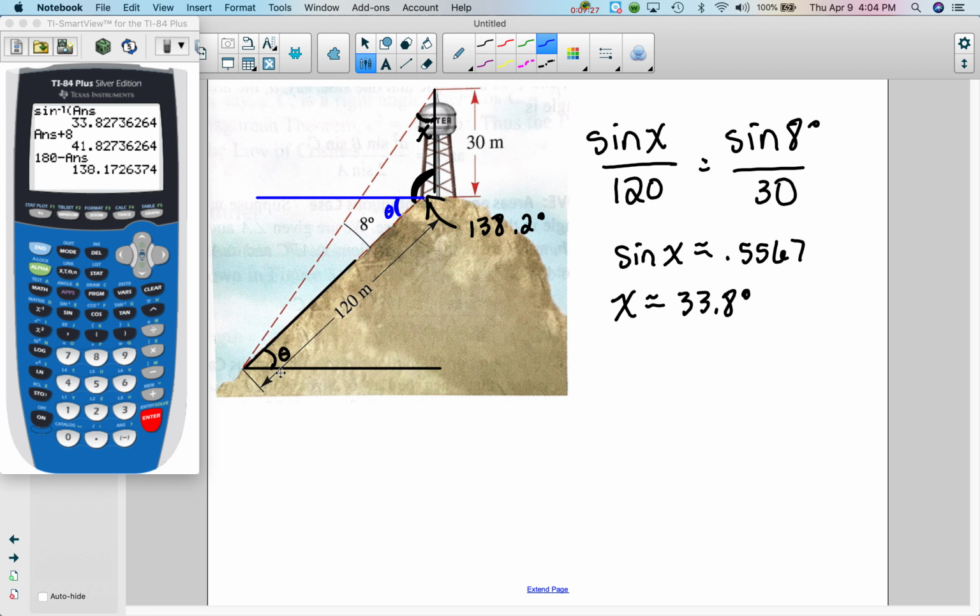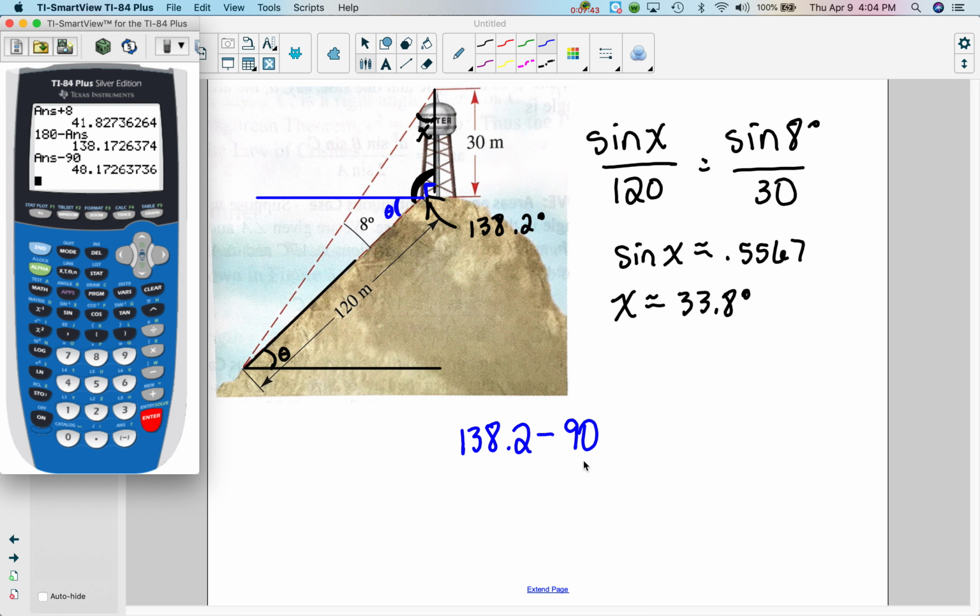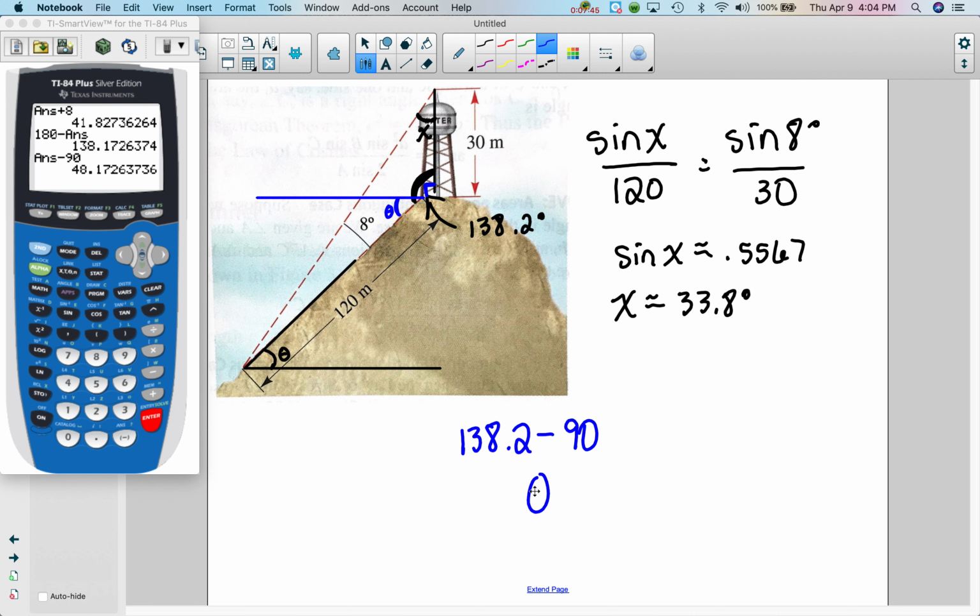So if this is theta, this is also theta. So if I take my whole answer I just got, which was 138.2, and this little piece here is perpendicular, so subtract 90, I get that theta is about 48.2 degrees, and that is my angle of inclination of the hillside.